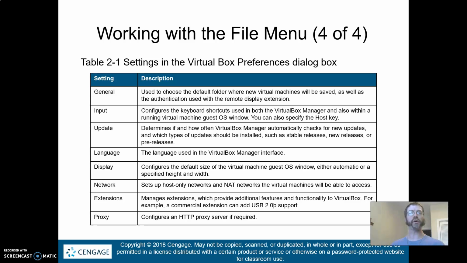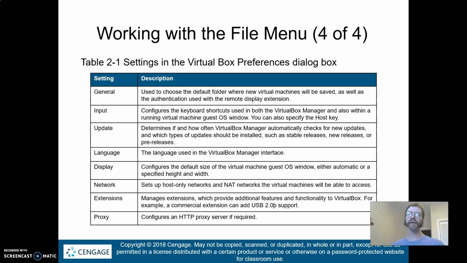You can change default window sizes for the guest OS window. You can give it an automatic setting or a specific height. Say, for example, you are using a smaller screen and VirtualBox wants to make things bigger than they need to be. You can fix that. You can set up host-only networks, NAT, so that you can control and sandbox these virtual machines.